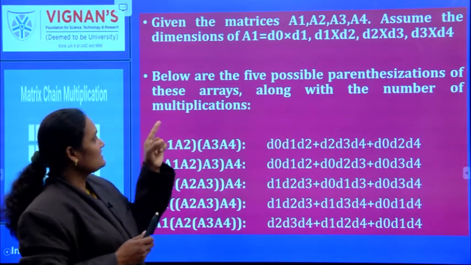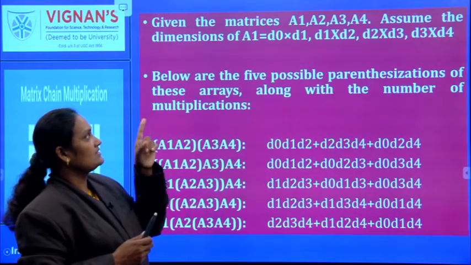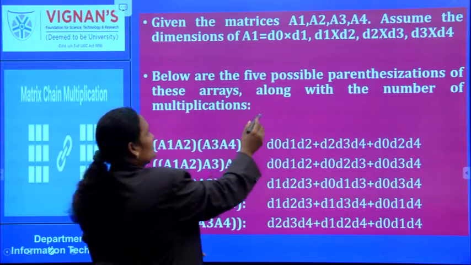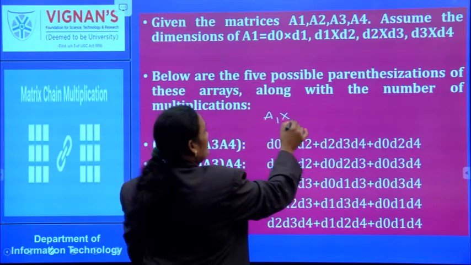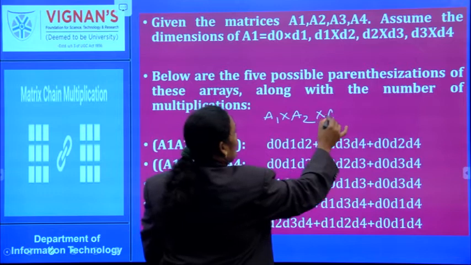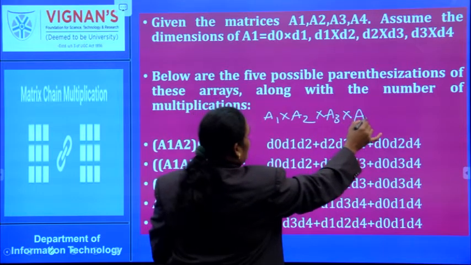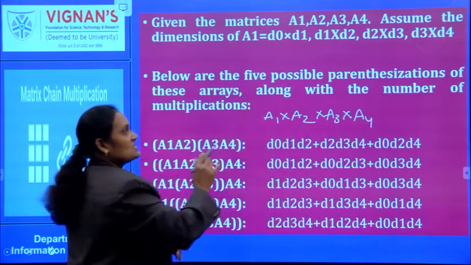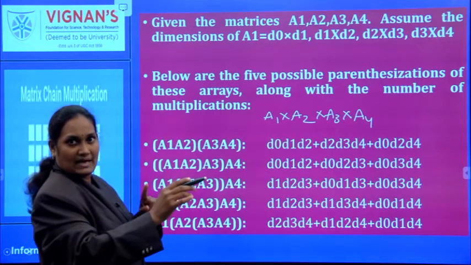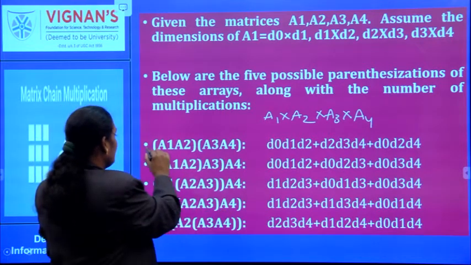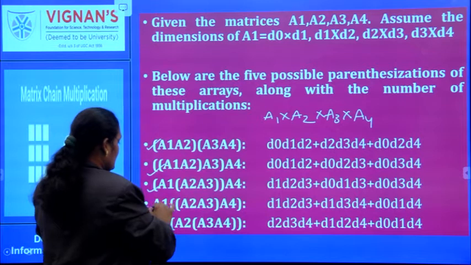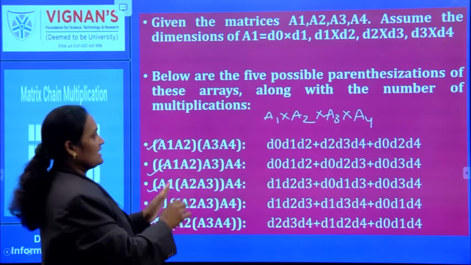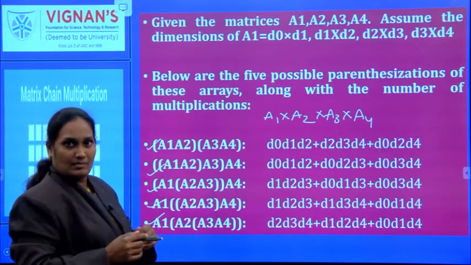What is the optimal parenthesization for the sequence of multiplication of these 4 matrices? Suppose I want to multiply these 4 matrices in sequence. What are the various parenthesizations involved? Here I represented the 5 parenthesizations involved in the sequence of matrices.